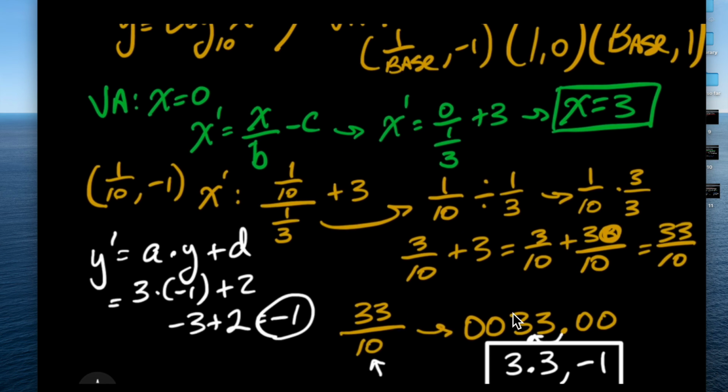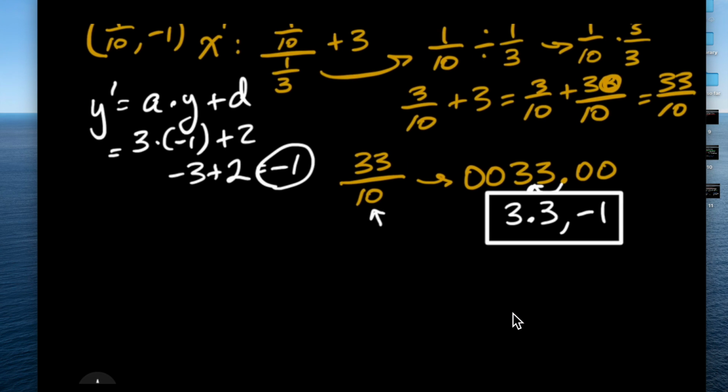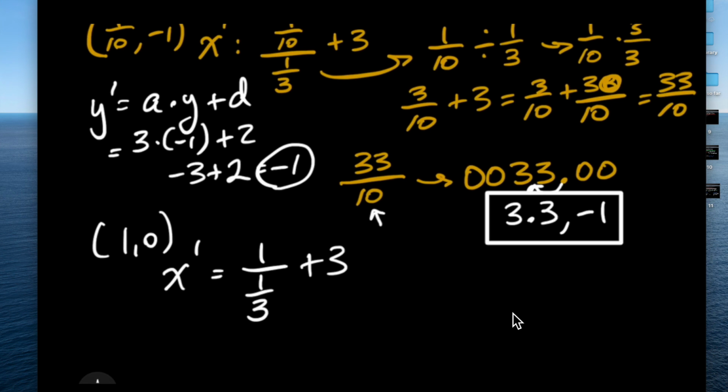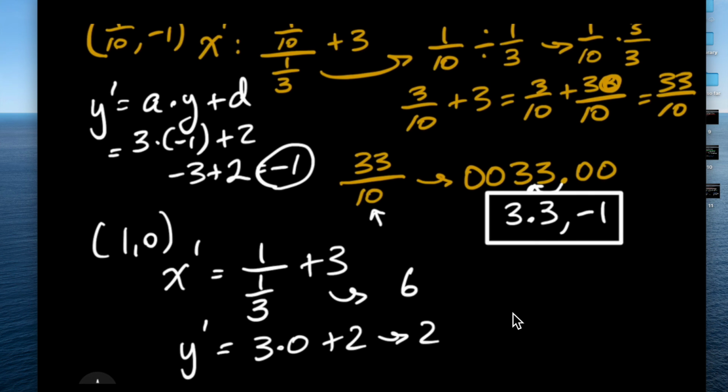Okay, our second point, we're going to be working with 1, 0. X prime is going to equal 1 divided by 1/3 plus 3, and this will evaluate to 6. Our y prime is going to be 3 times 0 plus 2, and that evaluates to 2.